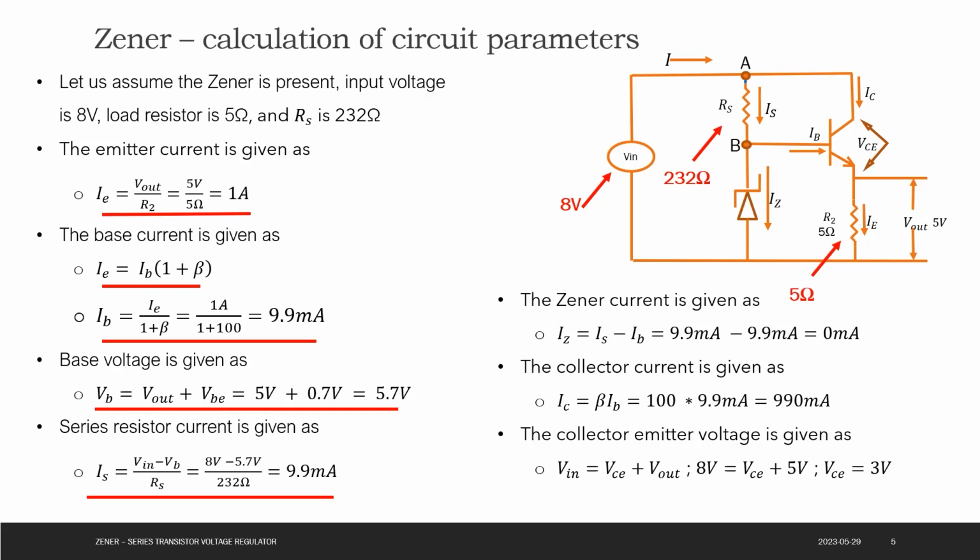Zener current Iz is equal to Is minus Ib, that is equal to 0 milliamps. The collector current Ic is equal to beta Ib, that is equal to 990 milliamps. With these known values, we can calculate VCE. VCE is equal to 3 volt.